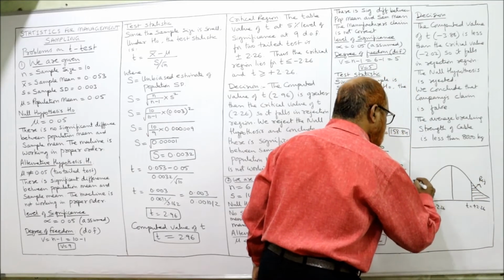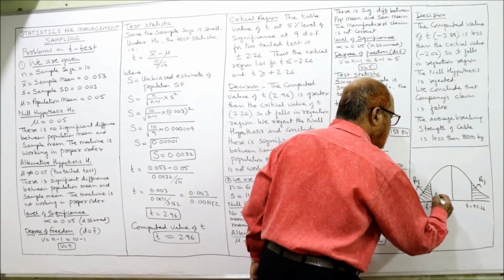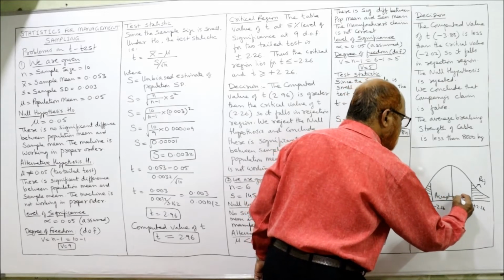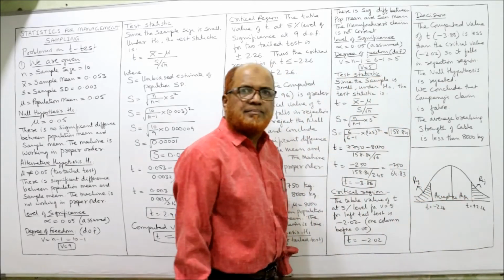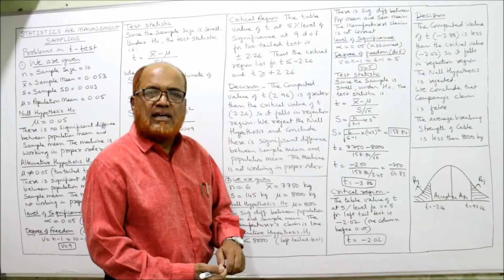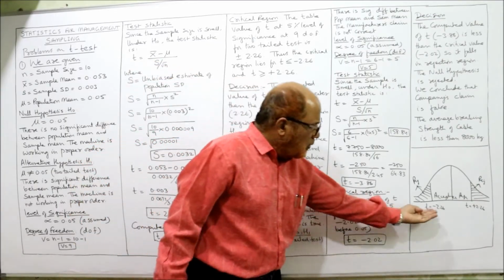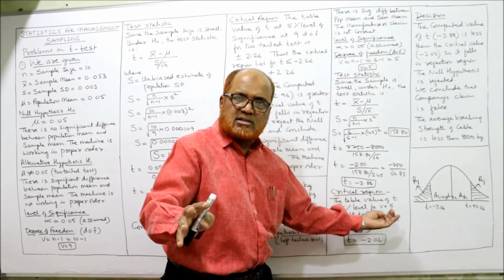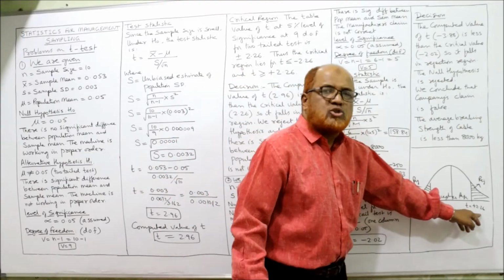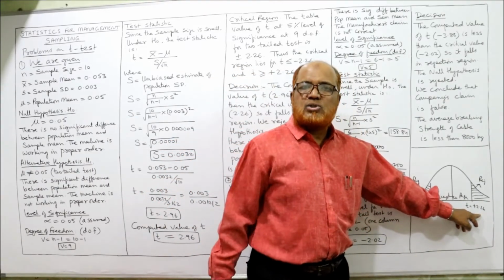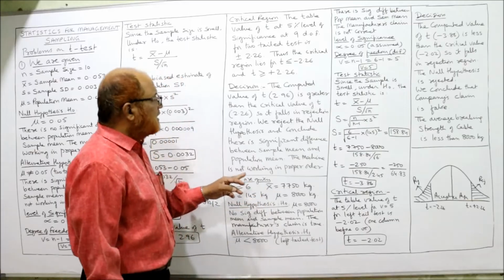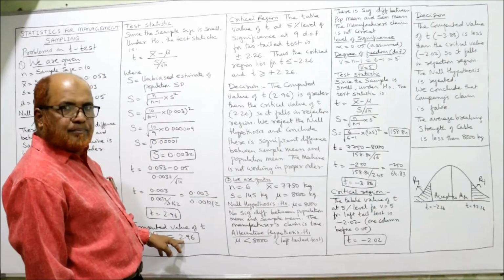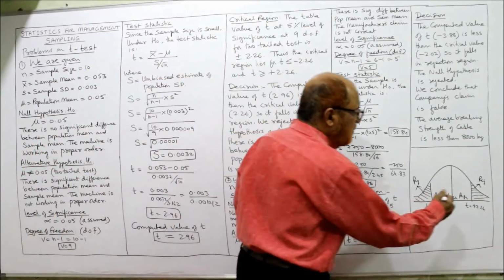This is also the rejection region. And in between we have the acceptance region. Right? So from this diagram you can see any value below minus 2.26, reject. Any value above plus 2.26, reject. So our computed value is 2.96. Where is that? Here. So 2.96 will come here.